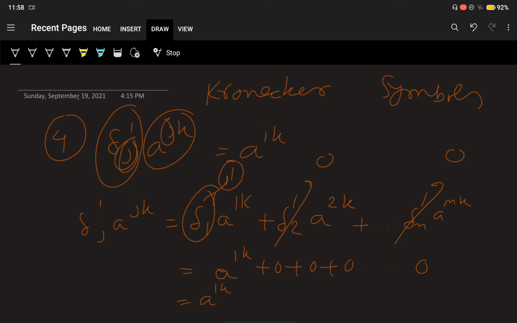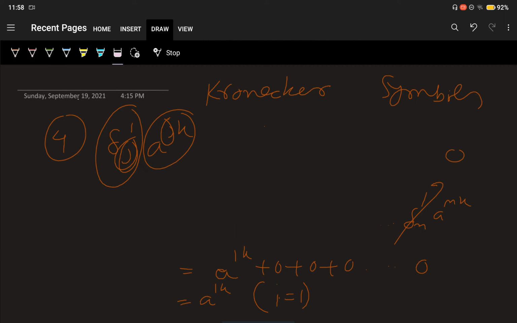For i equal to 1, and for i equal to 2 and i equal to 3, we can write so on.